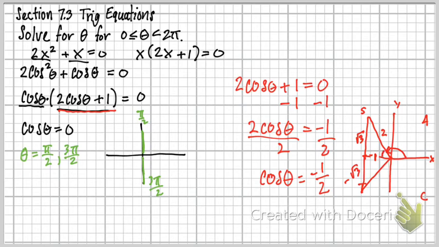I know this reference angle here is 60 degrees, but in terms of radians, that means it's going to be pi thirds. So if I went all the way down to here, that would be pi, and pi is really, in terms of thirds, 3 pi thirds.